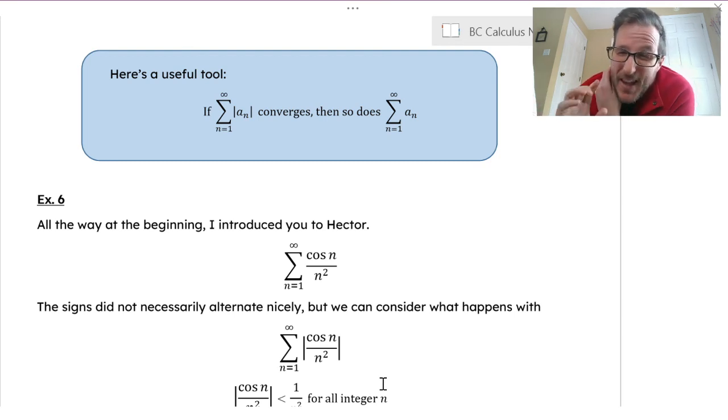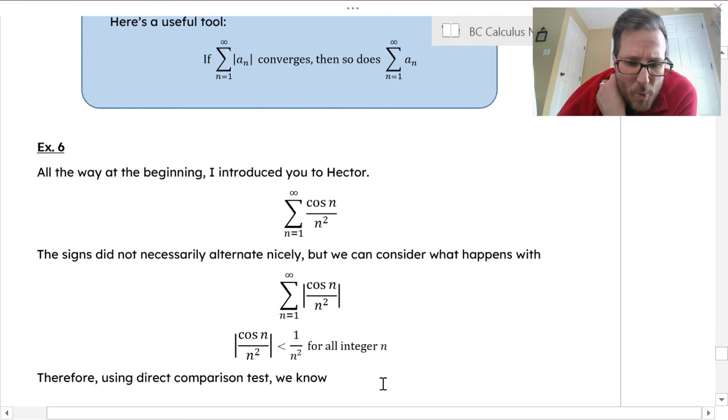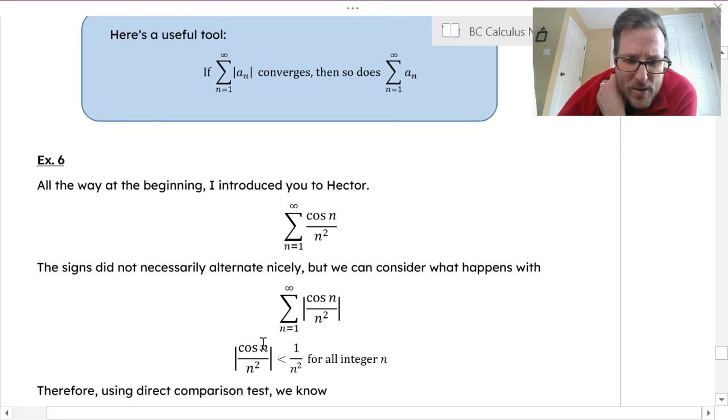It's only equal to 1 at 0, pi, 2 pi, every integer multiple of pi. So we can say that the absolute value of cosine n over n squared is less than 1 over n squared for all the integers.